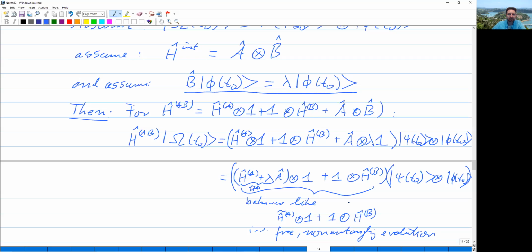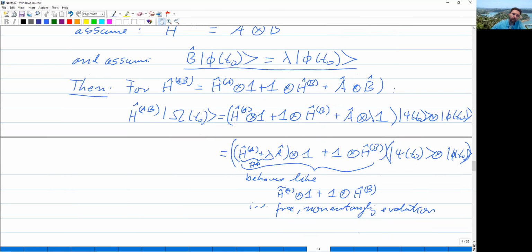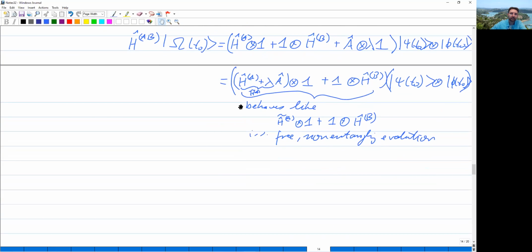It's a little bit more subtle, because we may have to worry about whether or to what extent the H hat B commutes with the B. But I will neglect that for now. In fact, there is one more approximation that's getting into this.